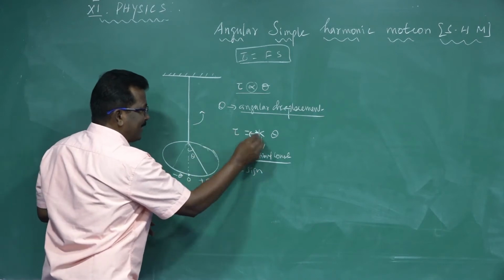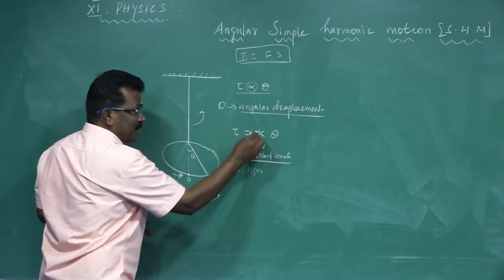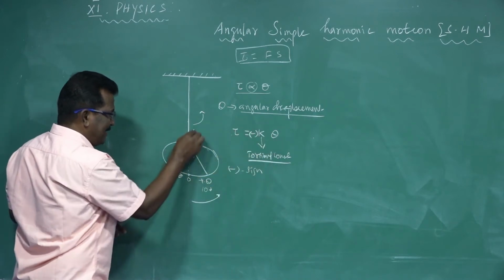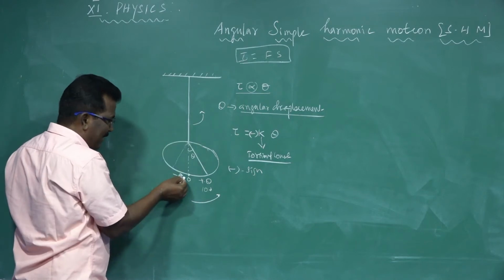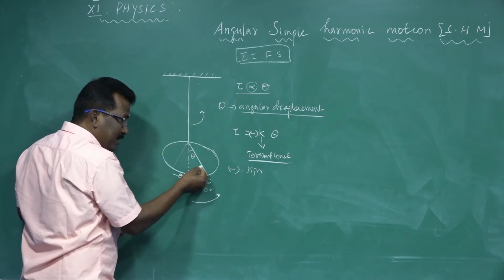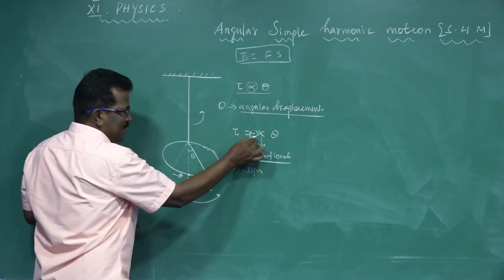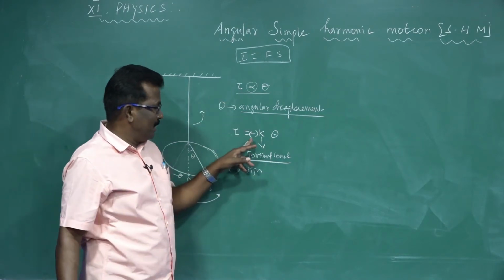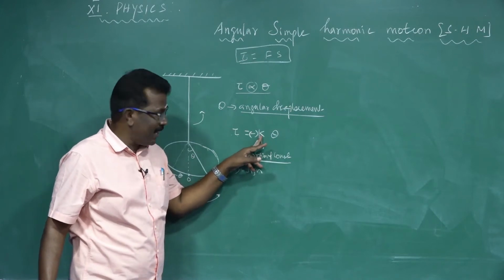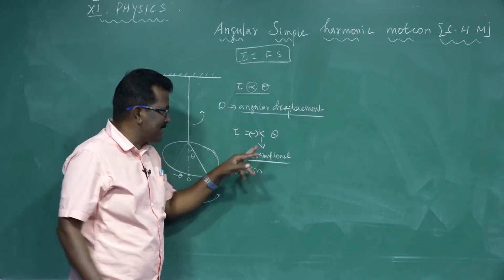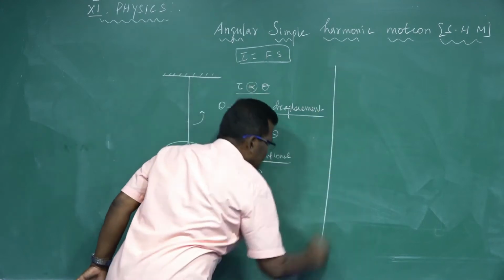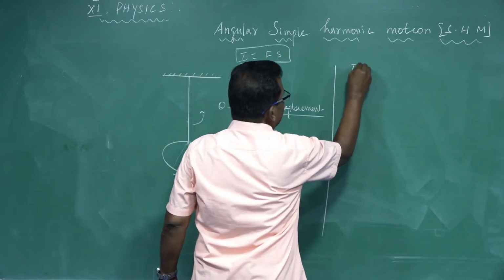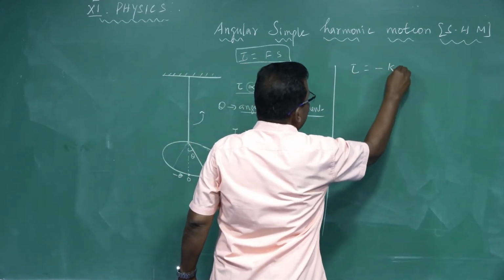Theta in the positive direction produces torque in the negative direction; similarly, theta in the negative direction produces torque in the positive direction. So the torque and displacement are directly proportional but in opposite directions. So tau is equal to minus k theta.